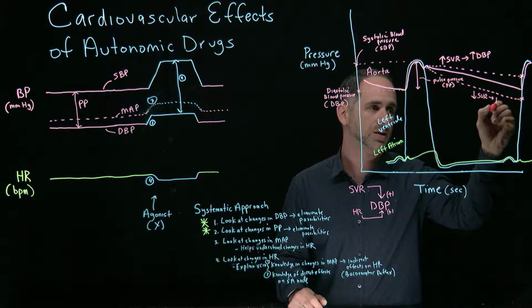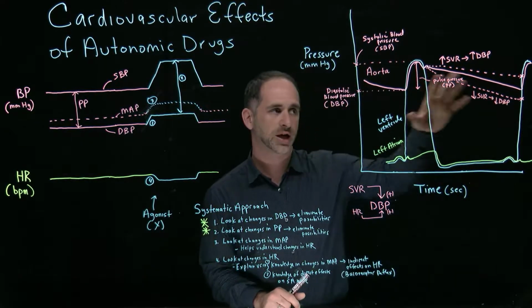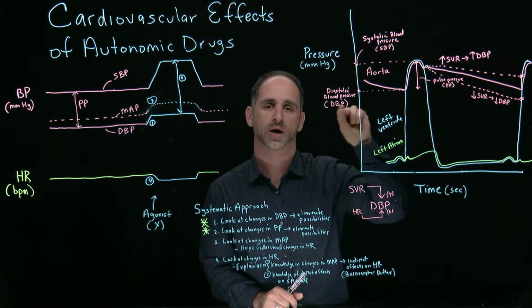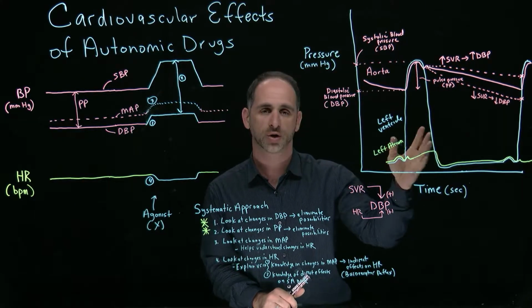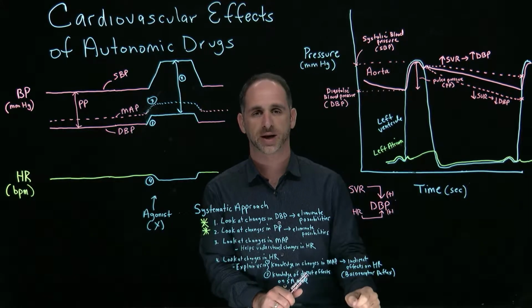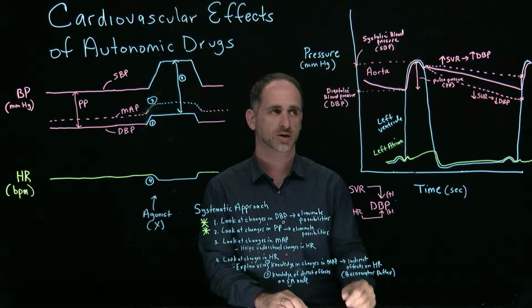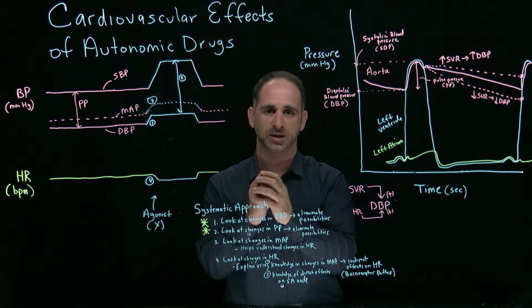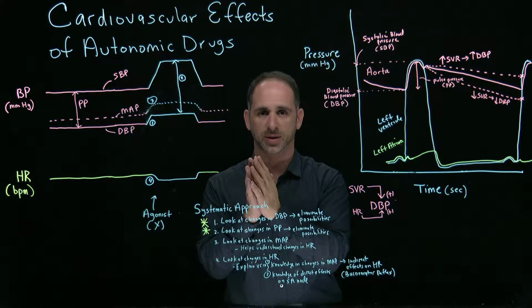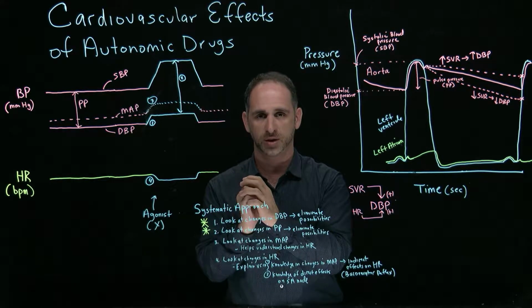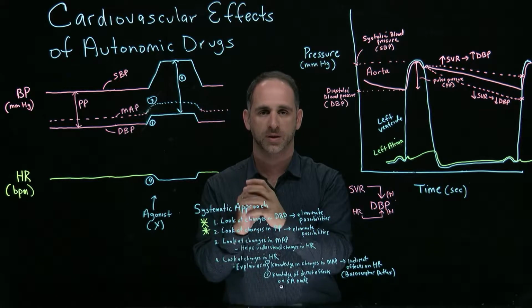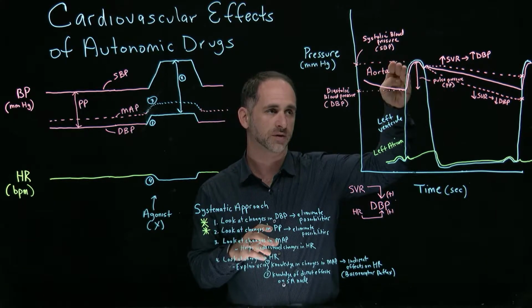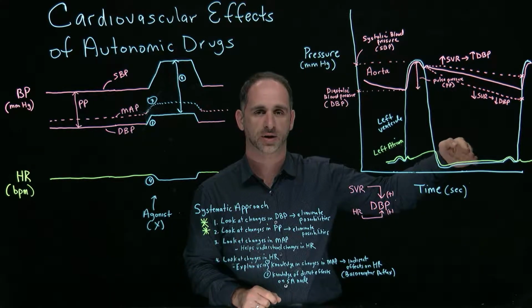In this case, it would cause a decrease in the diastolic blood pressure. Again, I didn't change anything with heart rate or anything. I was just trying to look at one isolated change to show you why this is a direct effect, okay? And so to summarize, changes in systemic vascular resistance, which is achieved primarily by changing arteriolar tone, smooth muscle tone, that has an effect on this drop in aortic pressure during diastole.